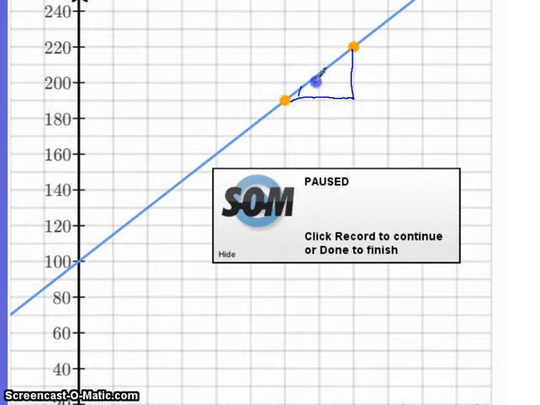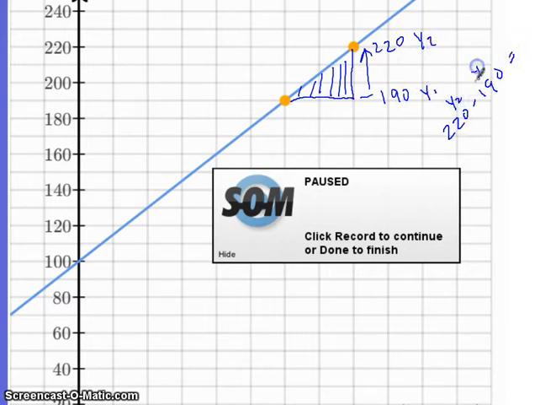So I wanted to prove to you that this thing does in fact have a slope of 6. It went from 190 up to 220, and you remember y2 minus y1, right? So what is 220 minus 190? So this is y2 and this is y1. So what is the rise? y2 minus y1.